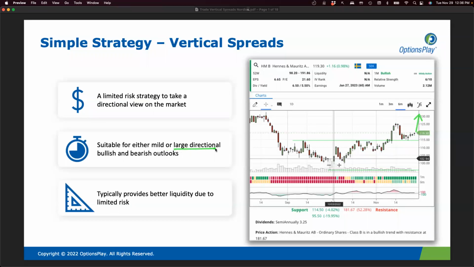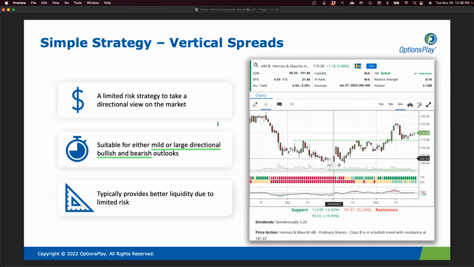If that's the case, then that's where you have a large directional view. So regardless of whether you have a mild directional view, a large directional view, a bullish or bearish outlook, there is a vertical spread that is suitable for that outlook.